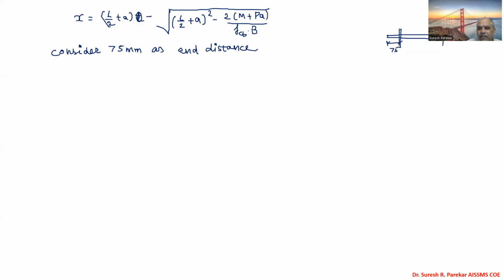Both sides we have these anchor bolts, 75. So we have this as 75, and therefore the value of A we get equal to 350 minus 75. Now what is this A? Try to understand this A. So we have this as the column.